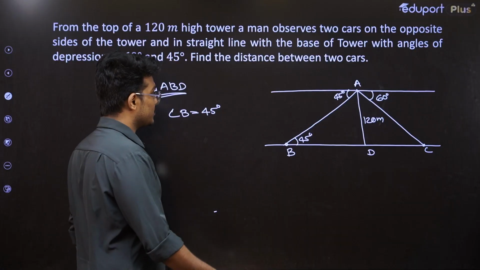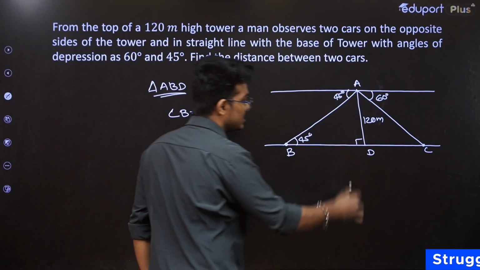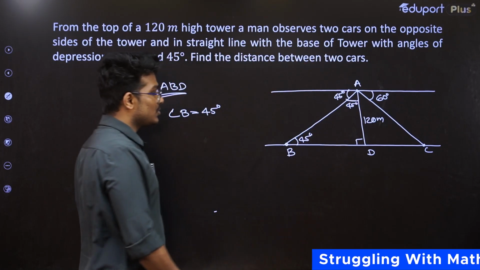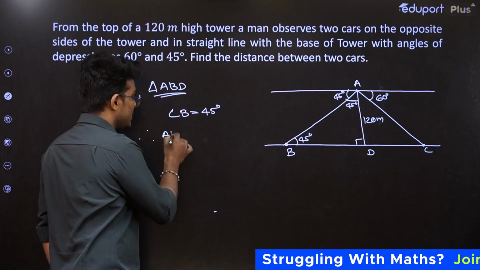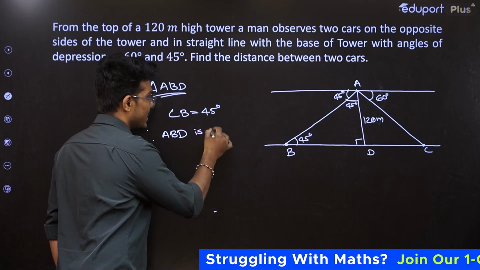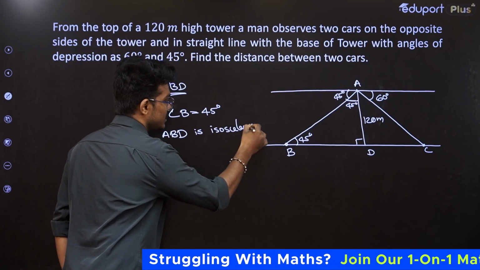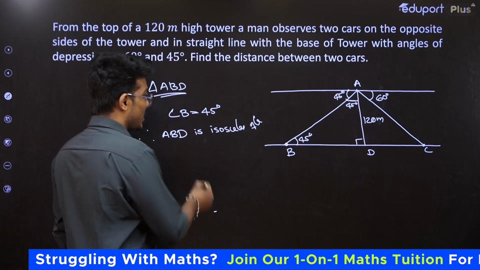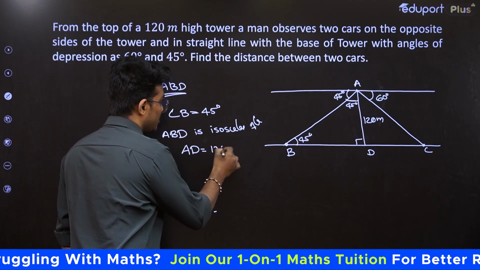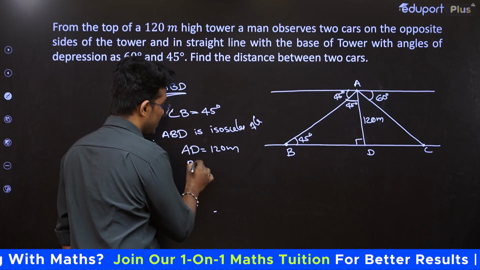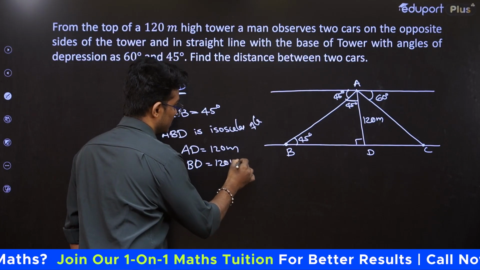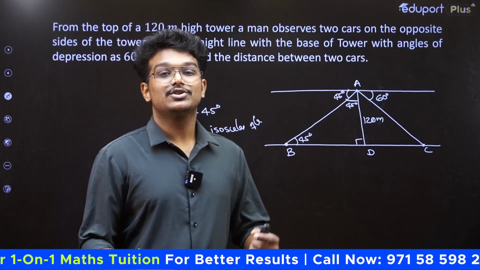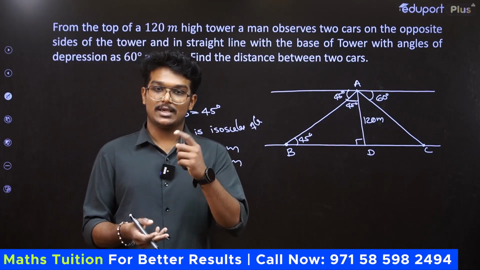If B is equal to 45 degree and this angle D is equal to 90 degree, then here also will be 45 degree. So triangle ABD is an isosceles triangle. Therefore AD is equal to 120 meter, then BD also will be 120 meter, because this triangle is isosceles. So two angles and two sides will be equal.